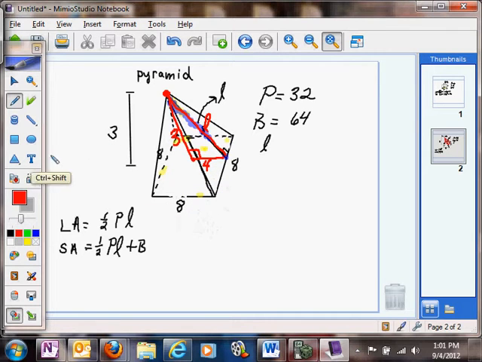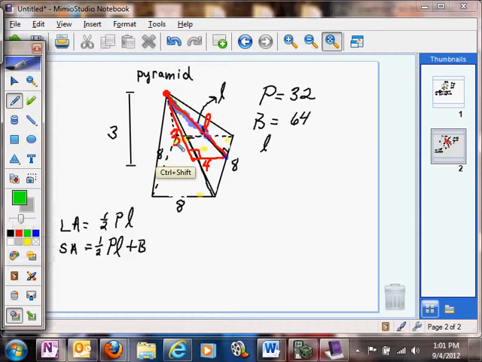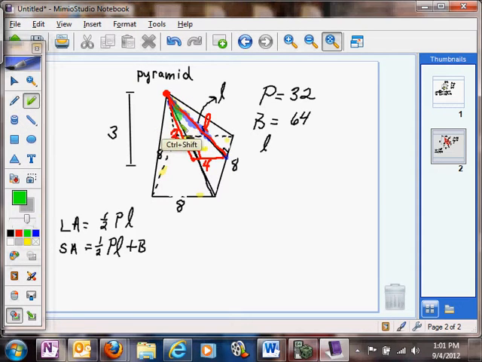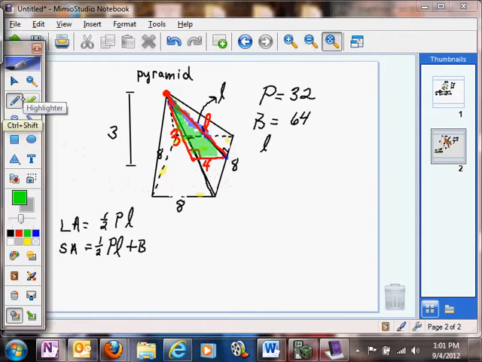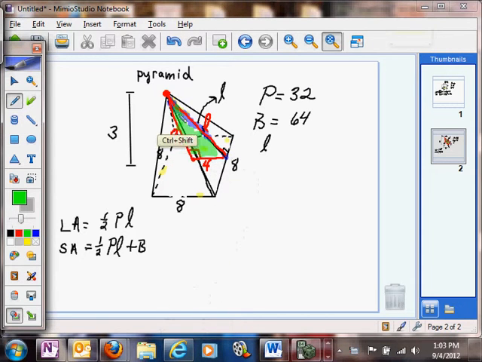I can find this side of this triangle that I'm going to color in by the Pythagorean Theorem. I can find this L using that right triangle. So now that I have this green right triangle labeled, I can find L, my slant height.